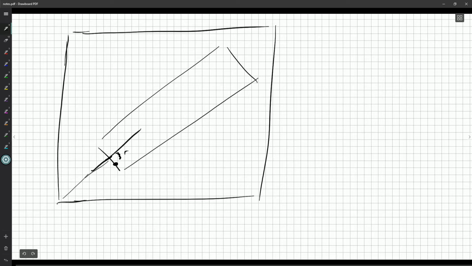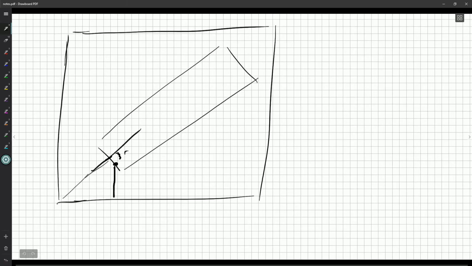Now, based on this r, can I figure out this distance to the side? Because then I can do this k over s and figure out the ratio. And then I can start trying to, based on various choices of r, try to minimize what h should be. That's sort of the plan.